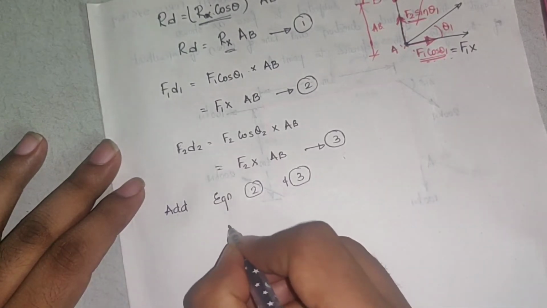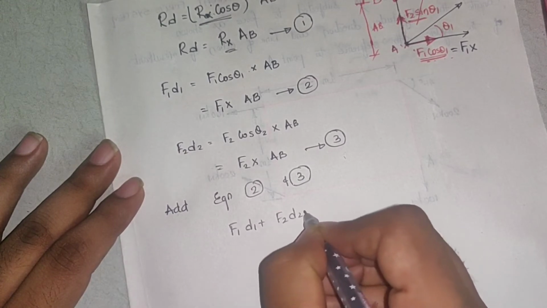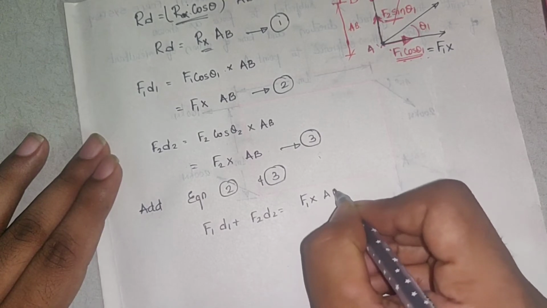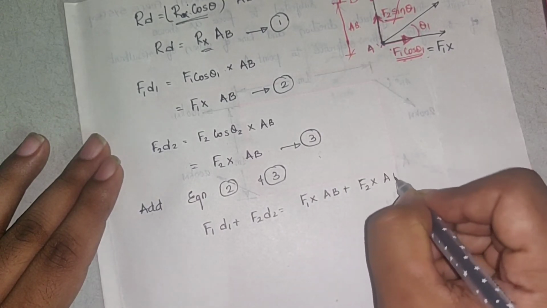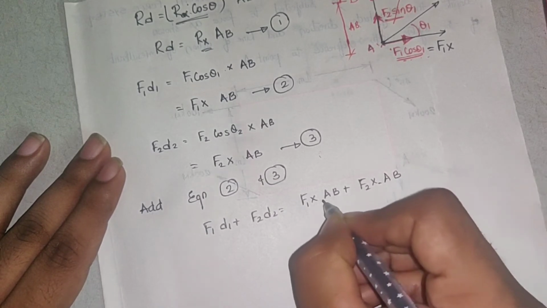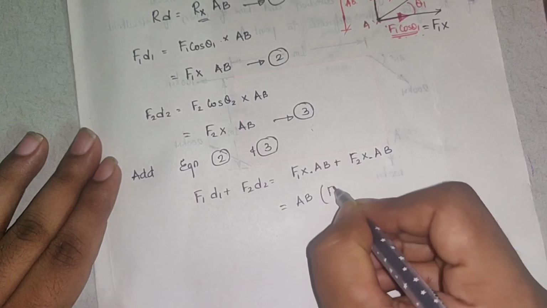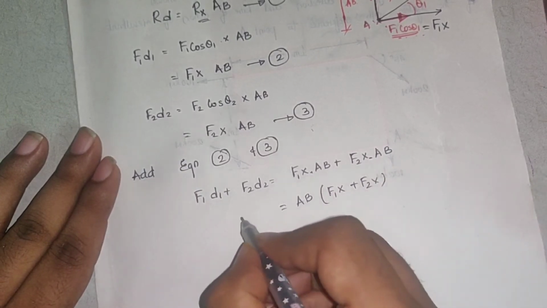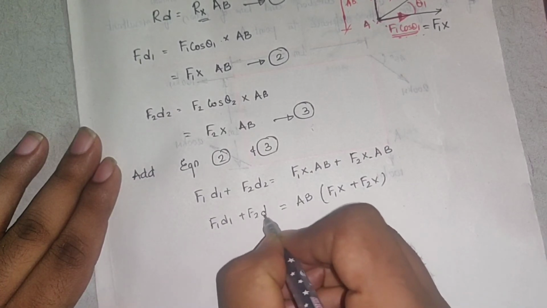Adding them, I'll get F1 D1 plus F2 D2, which is equal to F1X into AB plus F2X into AB. What is common in this? AB is common. So I'll write this as AB into F1X plus F2X.